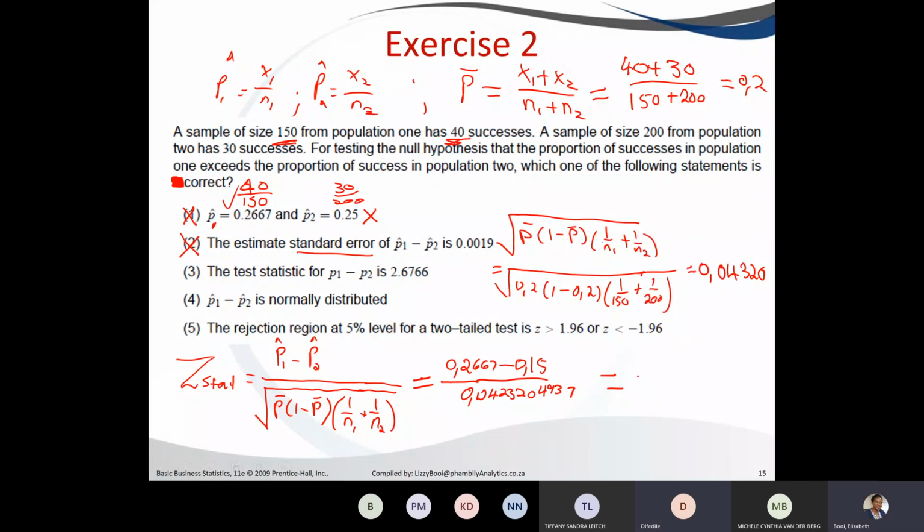When you calculate this, are you not putting it up? 0.2667 minus 0.15 equals 0.1167, divided by 0.0432 4937.